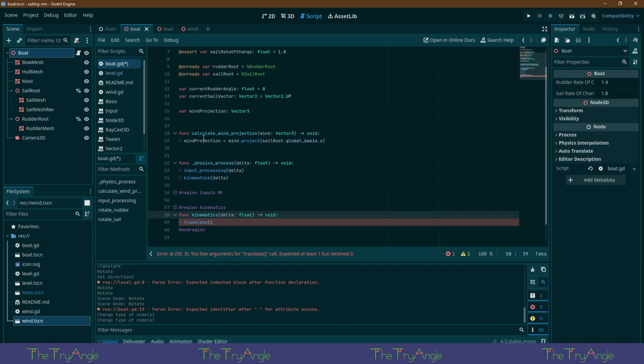Let me think. We have a global value and a global value. And I want this based on local. So I think I have to say this should make it based on the boat.